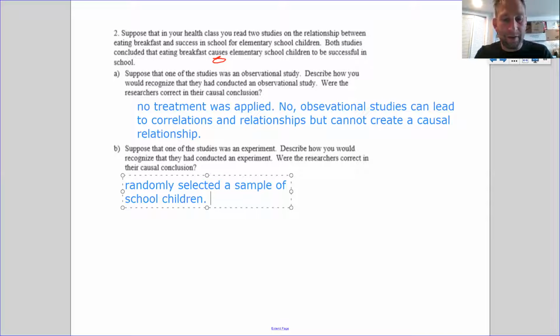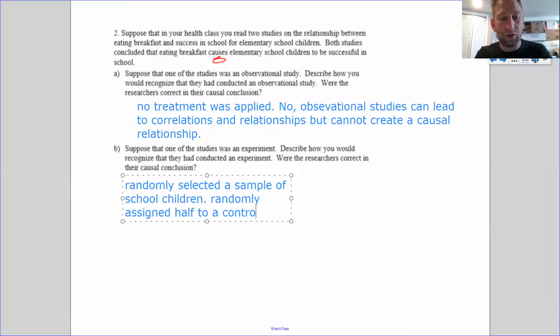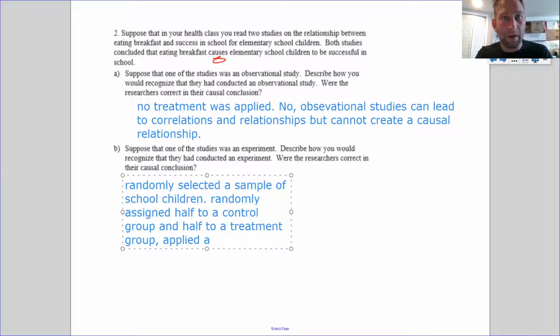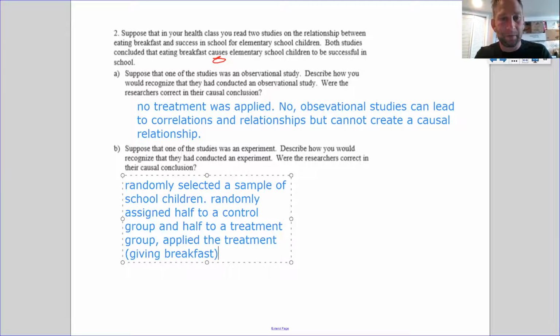They would have randomly assigned half to a control group and half to a treatment group, and then they would have applied the treatment, which is giving breakfast to the treatment group. Were the researchers correct?